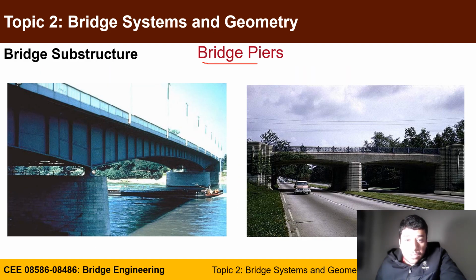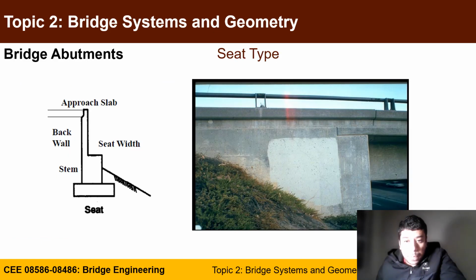The piers are referred to as the wall type substructures. So you have continuous support in some cases. And the abutment, as you can see here, here is your abutment, which is a C type.